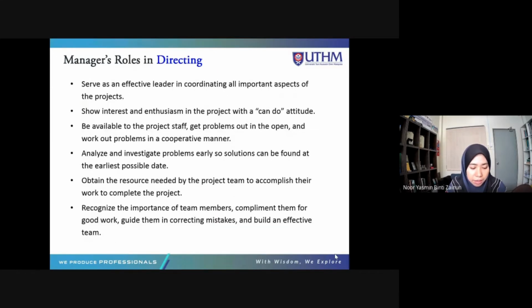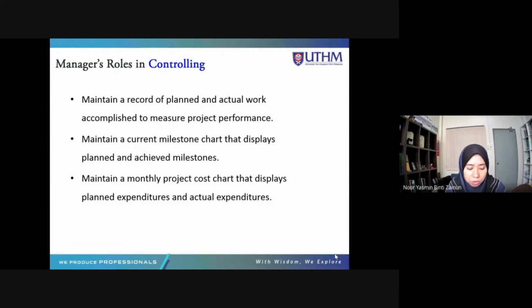In directing, the project manager's role is to serve as an effective leader, show interest and enthusiasm, be available to the project staff, analyze and investigate problems, obtain the resources needed, and recognize the importance of team members. And in controlling, maintain a record of the plan, maintain a current milestone, and maintain a monthly project cost chart.